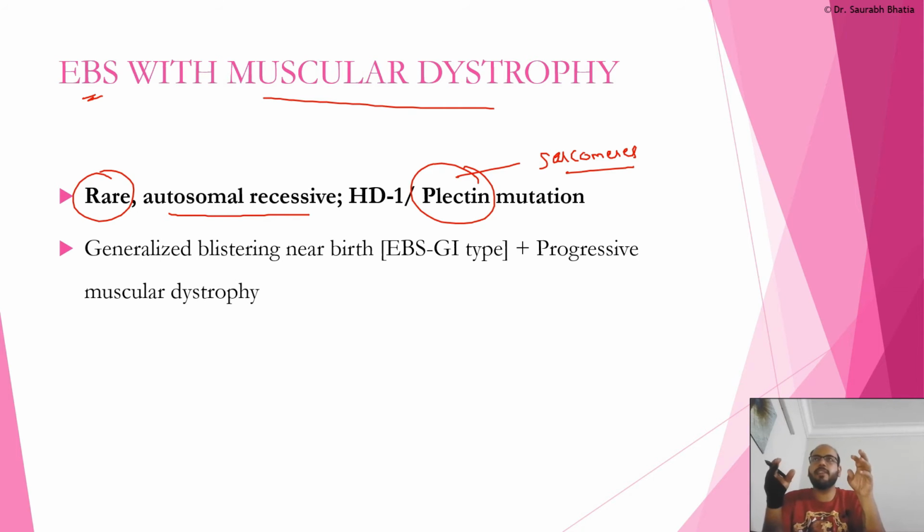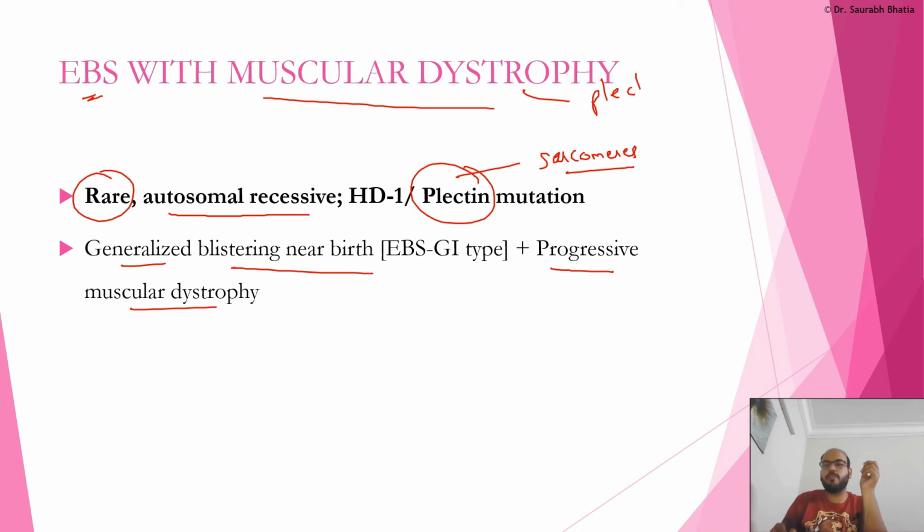Just remember that if there is increased severity of disease, most likely it is because of autosomal recessive inheritance. So there is generalized blistering near birth, plus progressive muscular dystrophy. Anything that you have to remember with EBS with muscular dystrophy is that it is because of plectin mutation, and it's a rare form of EBS. Clear? Let's move forward.